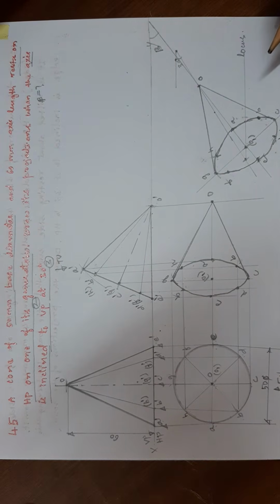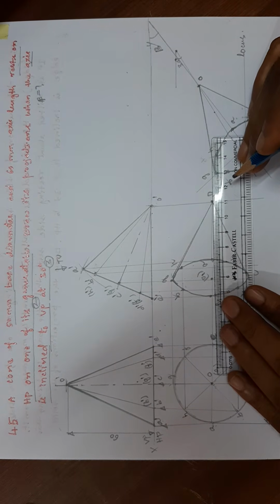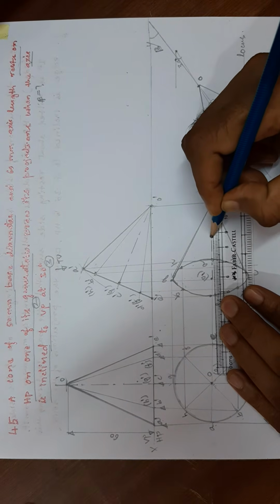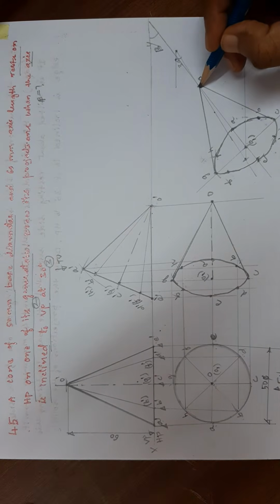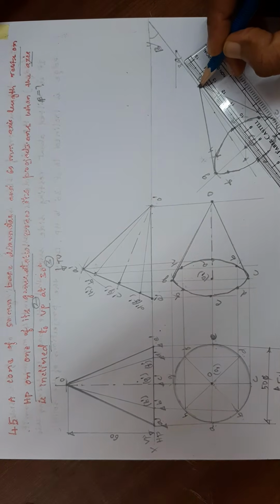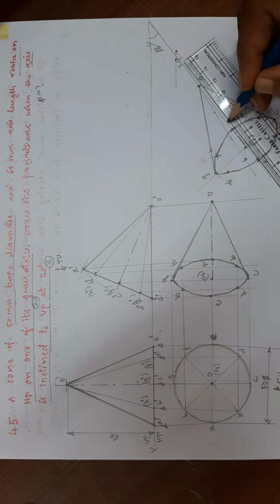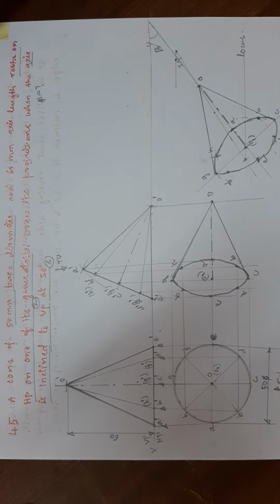Right. The axis we have to represent with a long thin chain line here, and this one is the axis O2 O1, like this.